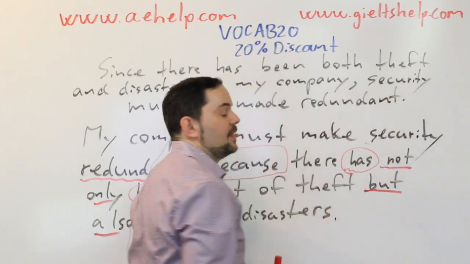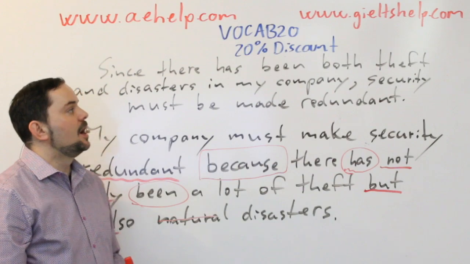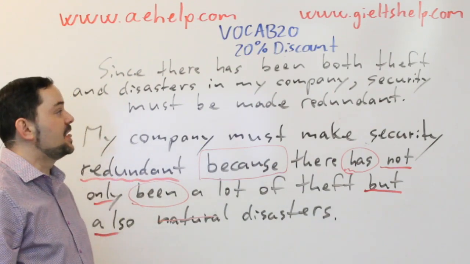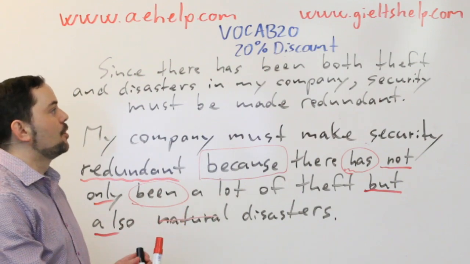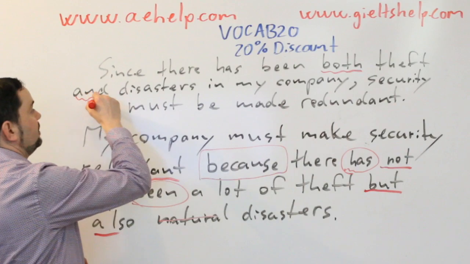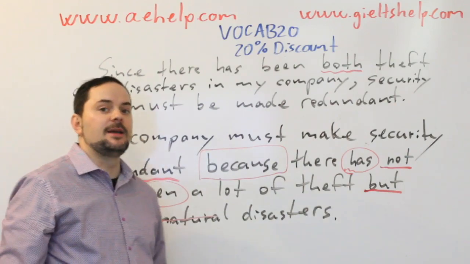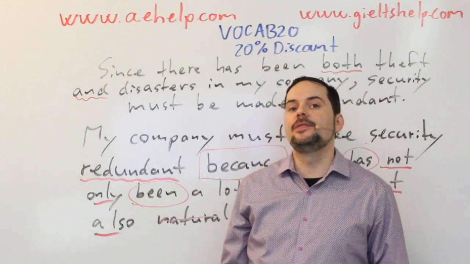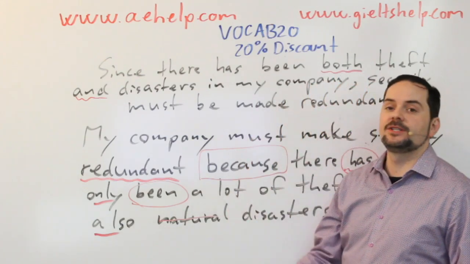All right, so that's pretty close. The only thing I changed there is added back in another correlative conjunction. So I used both and in the paraphrase. So I was able to keep that correlative conjunction in the paraphrase.